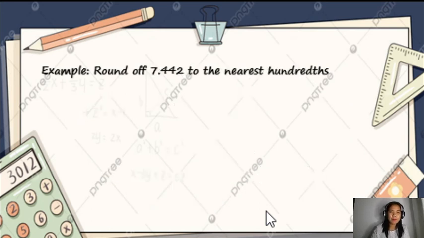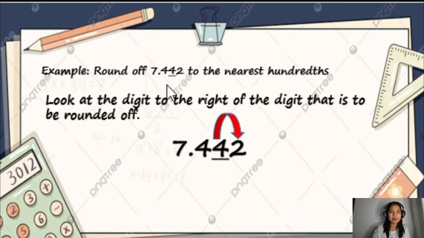Okay, another example. So, round off 7 and 442 thousandths to the nearest hundredths. So, alamin muna natin, alin dyan yung hundredths place. So, hundredths place natin ay yung 4. And then, next, look at the digit to the right of the digit that is to be rounded off. Ang katabi niya daw sa right is 2.